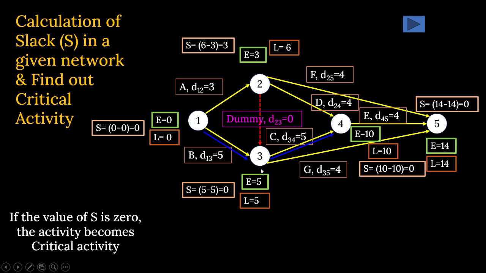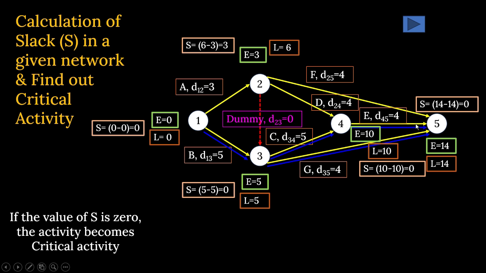Similarly, if you see node number 3, the value of S is 0, and node number 5, the value of S is 0. So this activity 3 to 5 also becomes your critical activity. And at node 4, the value of S is 0, node 5, value of S is 0.